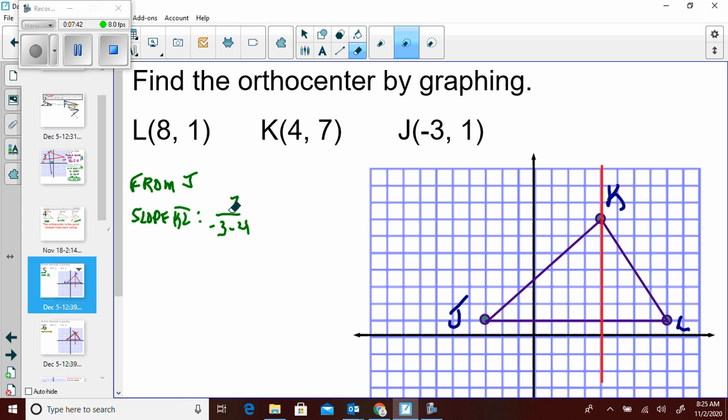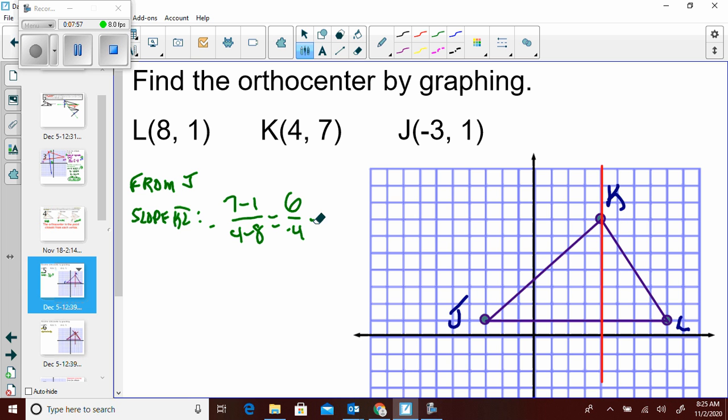That was dumb, Mr. Bracco. 7 minus 1, 4 minus 8, 6 over -4, -3/2. So my perpendicular slope will be 2/3 from J, 2/3.